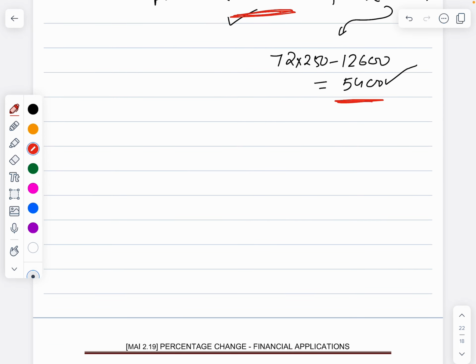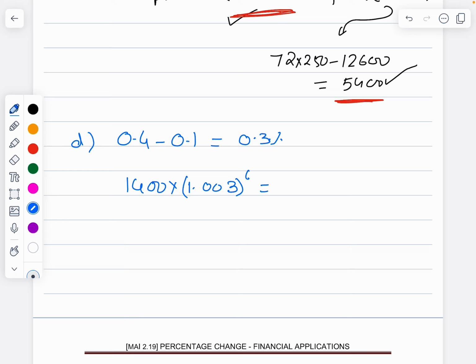So in this case, they are depositing at 0.4%, but the inflation is 0.1%, so the real rate will be 0.3%. So the initial deposit 1,400 will have 1.003 for 6 years. At the end of 6 years it will become 1,736.98.